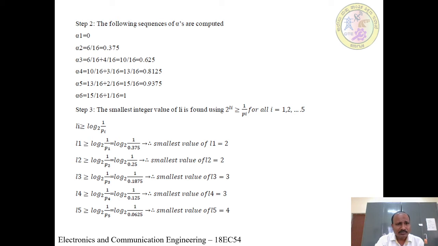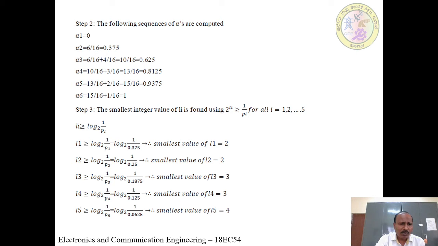Step 3, we have to find the smallest integer value of Li using 2 to the power of Li greater than or equal to 1 divided by Pi for all i equal to 1 to 5. So Li is greater than or equal to log base 2 of 1 divided by Pi. If I take i equal to 1, that means L1 is greater than or equal to log of 1 divided by P1.